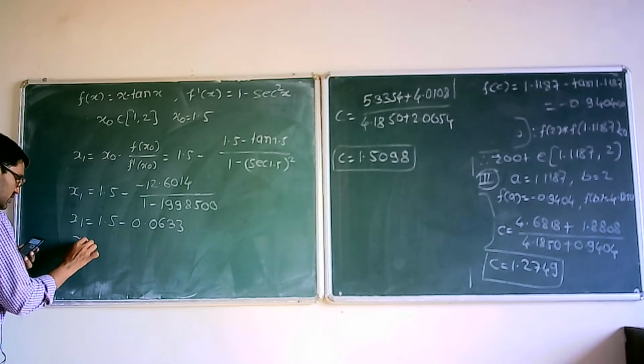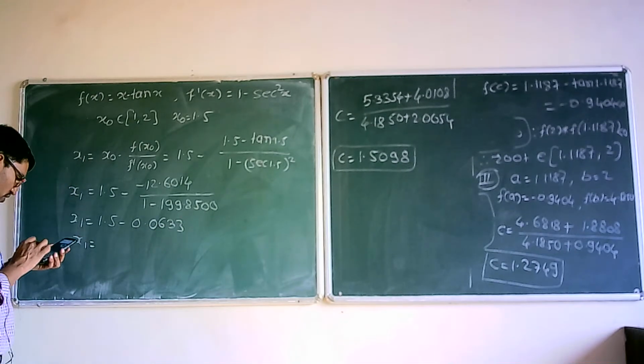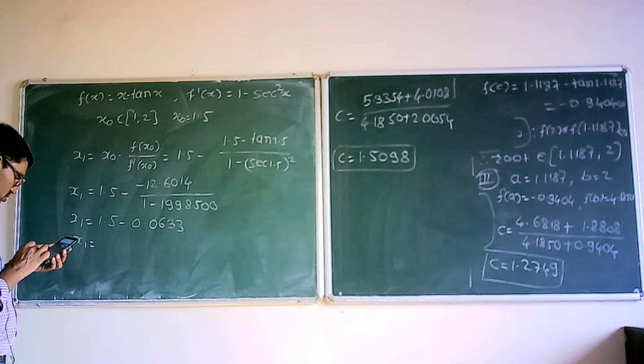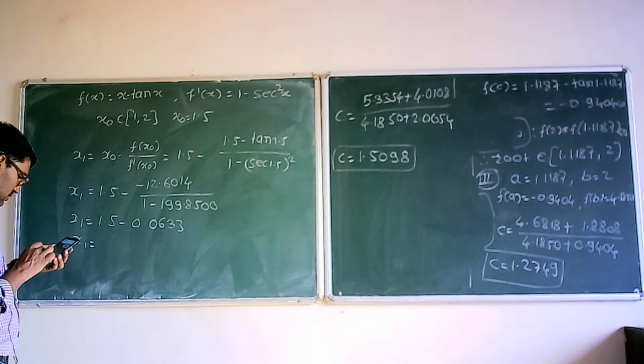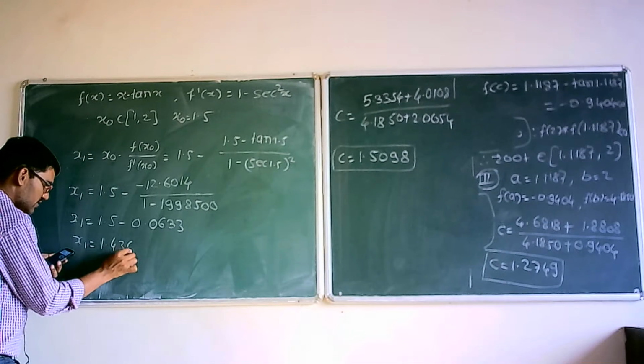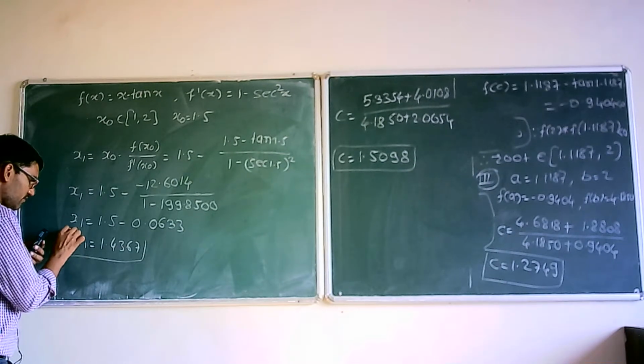So x1 is 1.5 minus 0.0633, which is 1.4367.